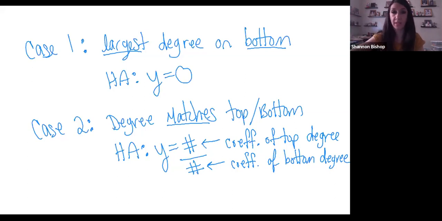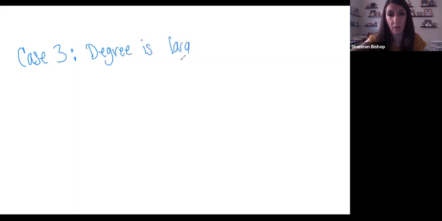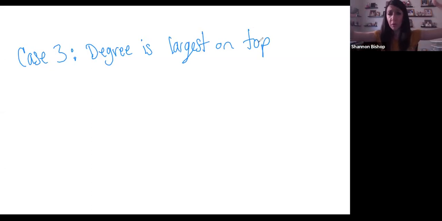And then the last case, the one that we just did at the very end, is case 3. That was the k of x. And that is, what if you are top heavy? So the degree is largest on top. Imagine now that you've just got this huge numerator divided by, you know, whatever.